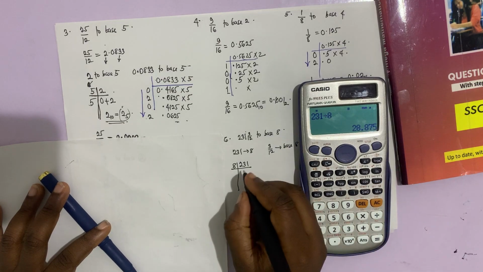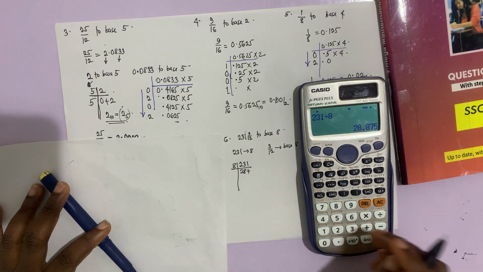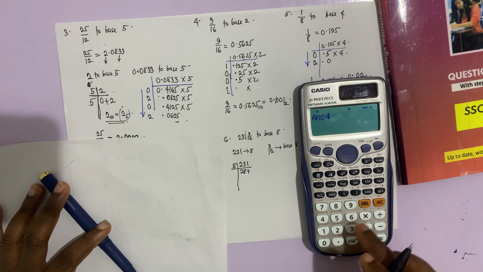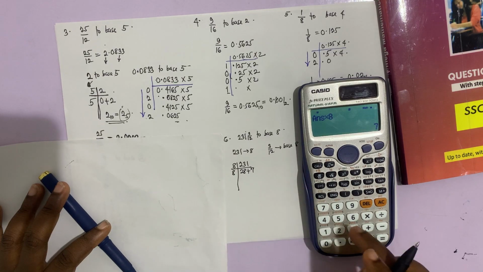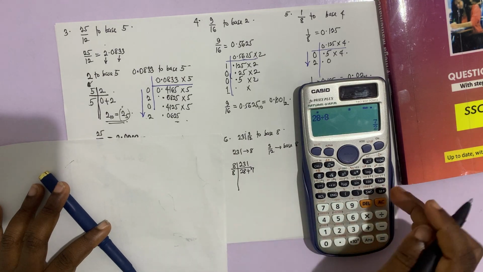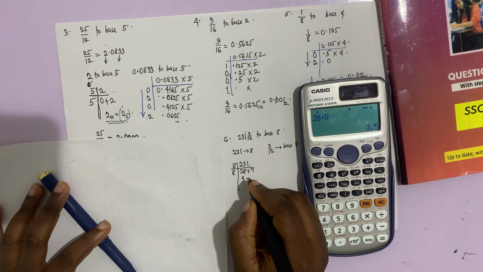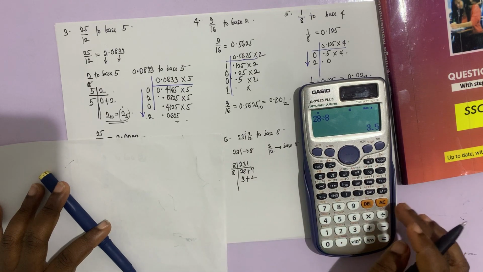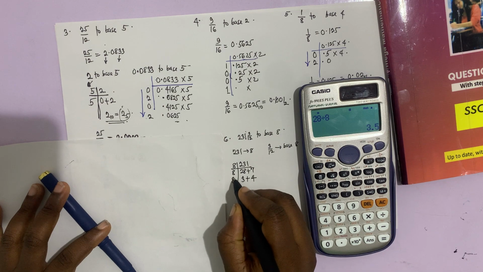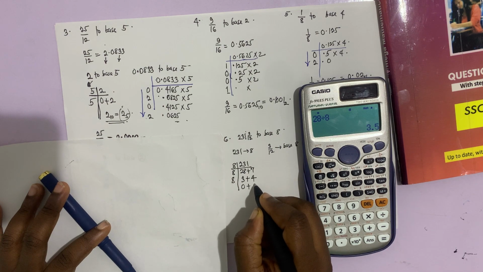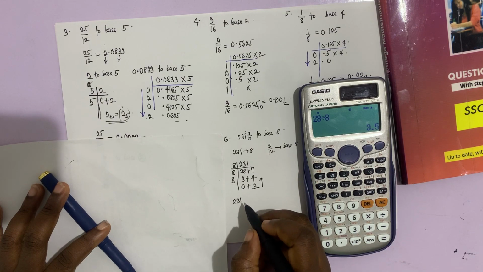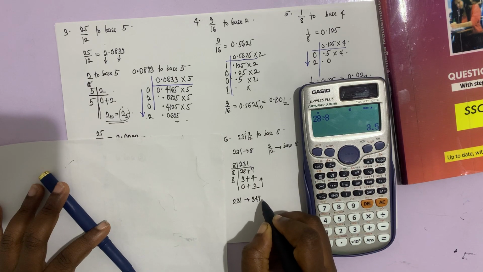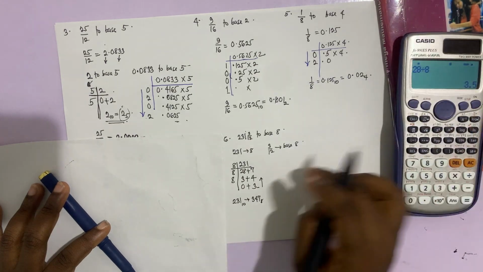That would give us 28 whole number, and remainder 7. 28 divided by 8, that is 3, remainder 4. 3 divided by 8 will not go through, remainder 3. So 231 becomes 347 base 8.